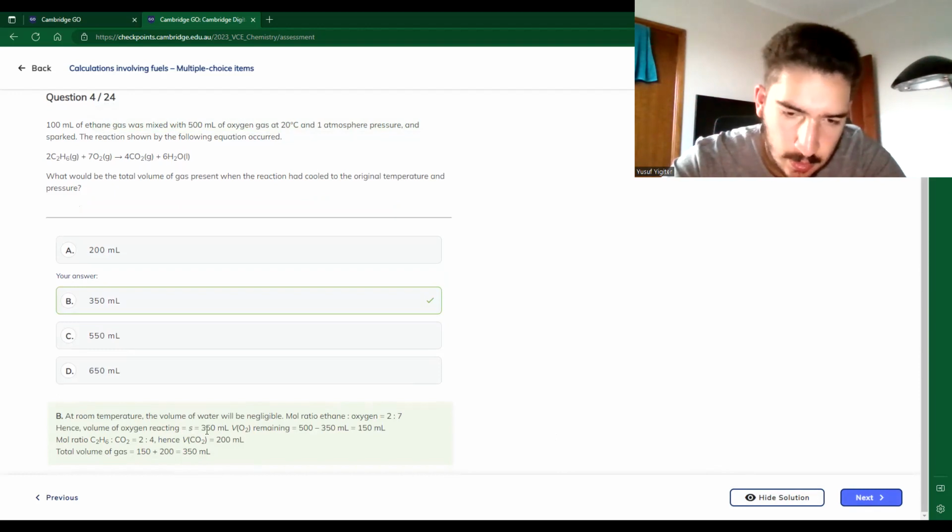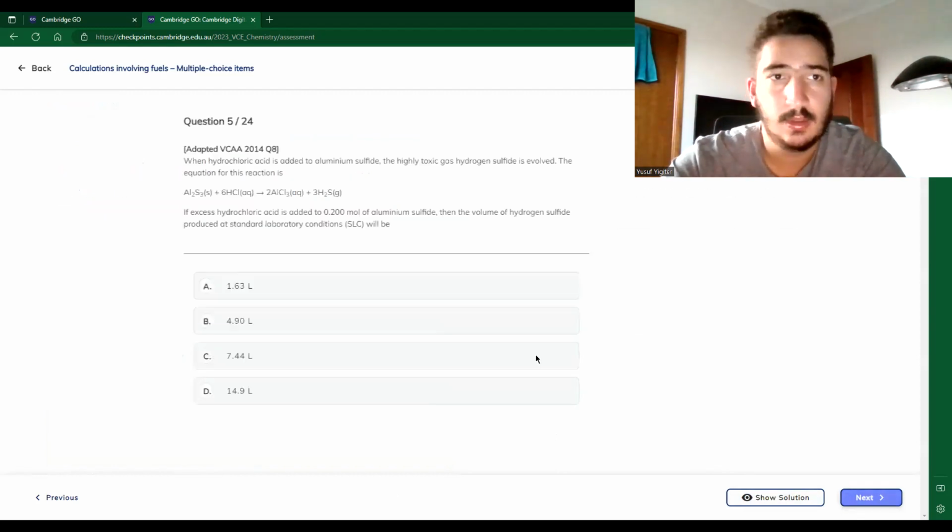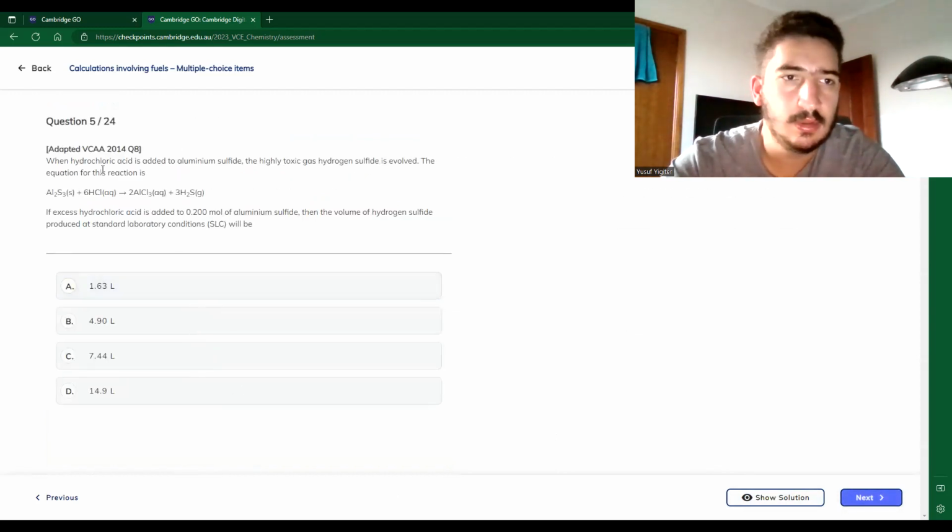That's the volume of oxygen that's reacted. 500 minus that gives the remaining, plus the product. To find the volume of that, times it by, yeah. All right. It's a good question. It's a pretty good question.